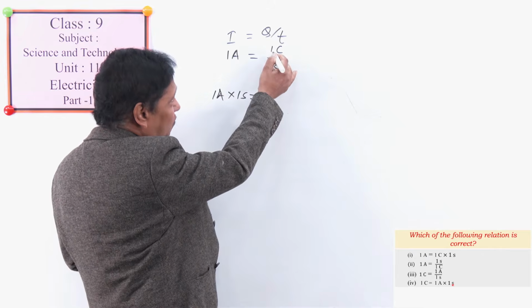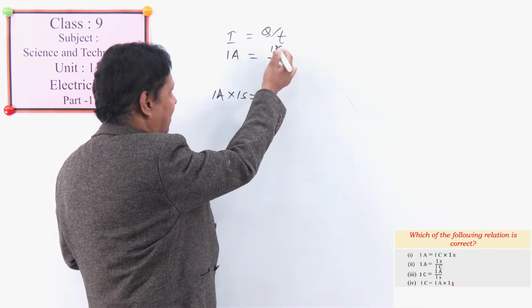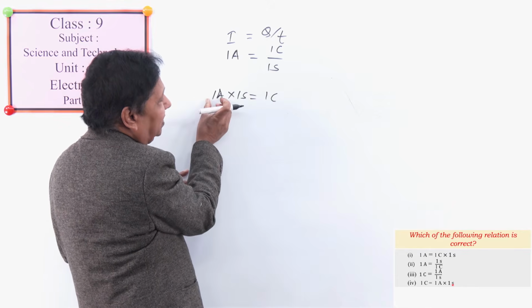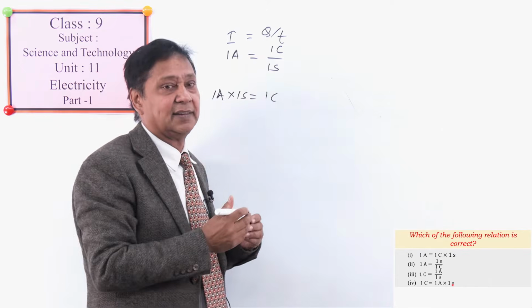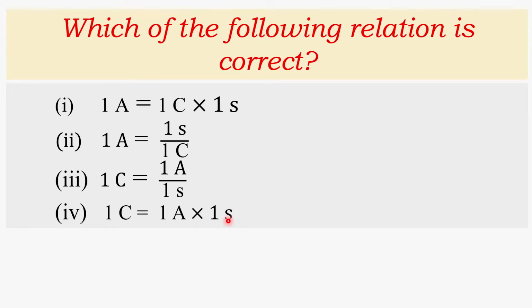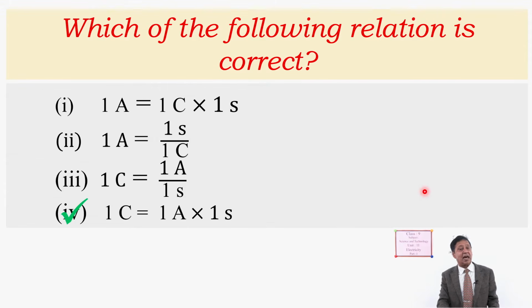If 1 coulomb is taken on the right hand side and 1 second is taken to the left hand side, then 1 coulomb equal to 1 ampere into 1 second. The fourth one is the correct option. That's why, if we have to select one of those 4 options, we select the last option: 1 coulomb equal to 1 ampere into 1 second.